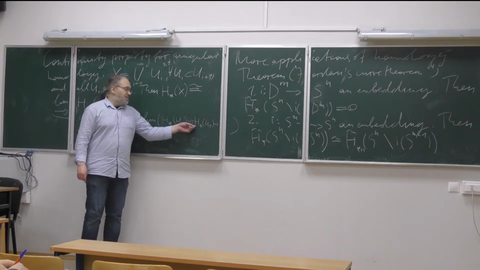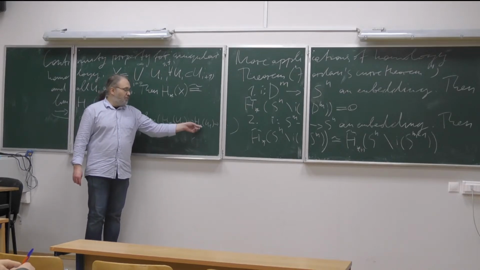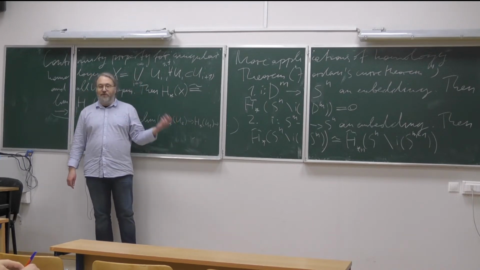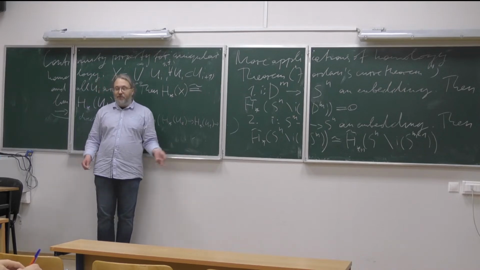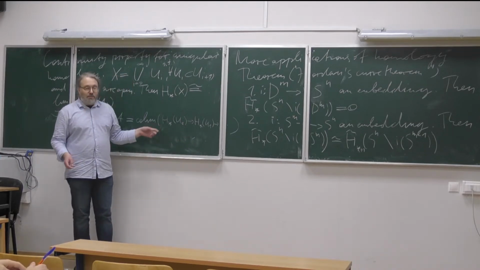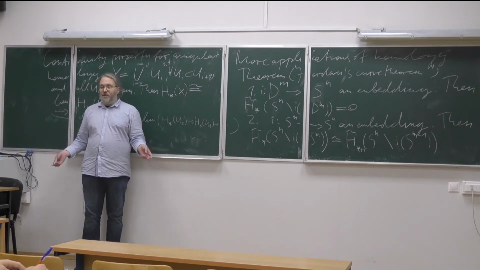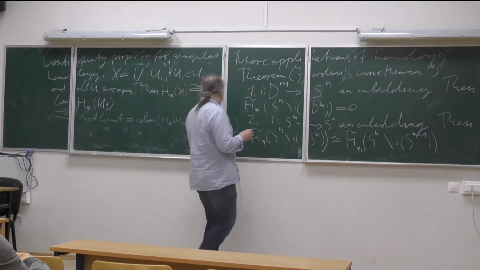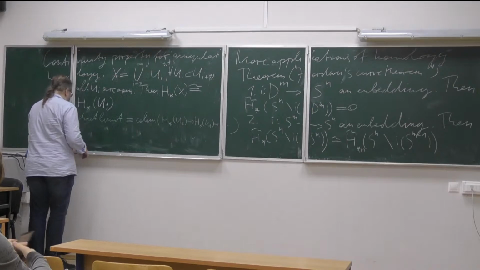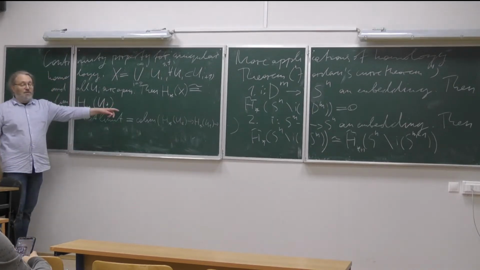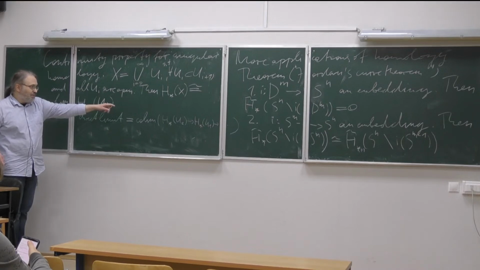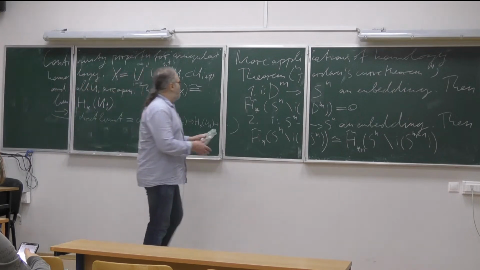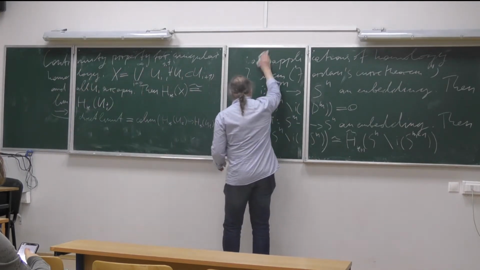we have this U_0, U_1, etc., and all of them together form a diagram, and we only need to consider the colimit of this diagram. Well, this explanation probably does not really explain anything, which is why I used a different color to write this. But let's see a more explicit construction.